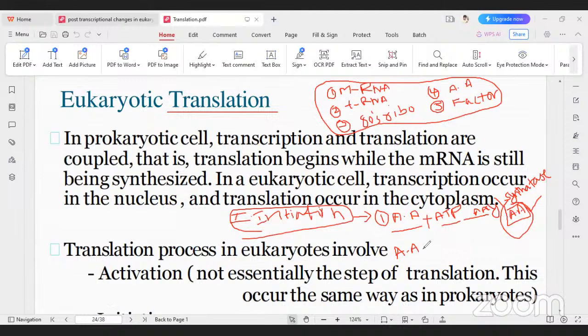Activated amino acid plus tRNA: one complex is formed. This complex is called the ternary complex. Write down all this. Ternary complex.